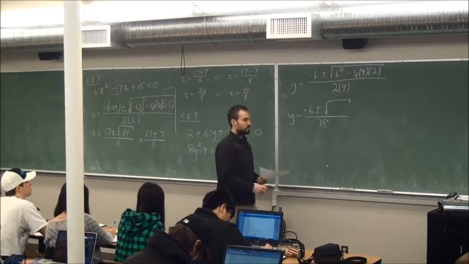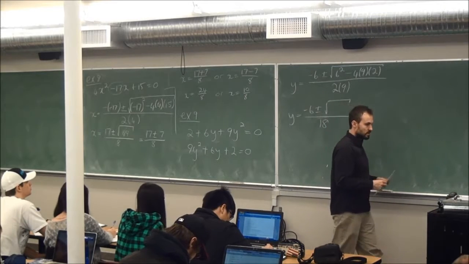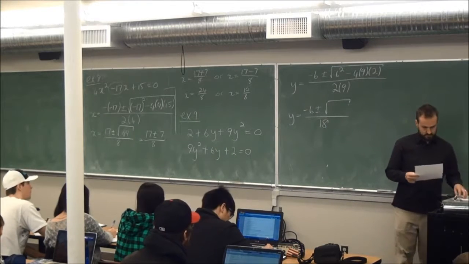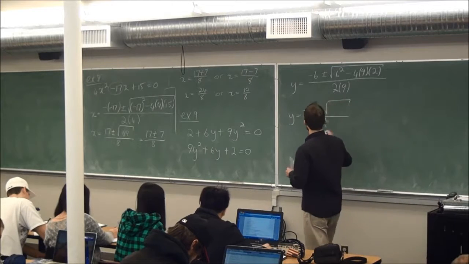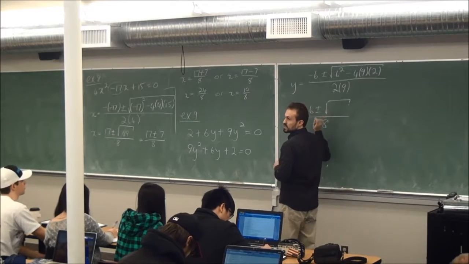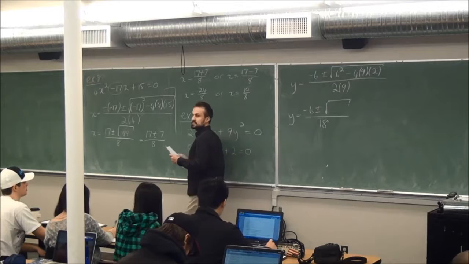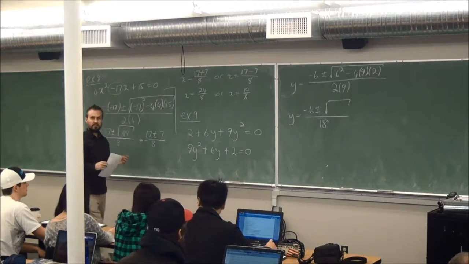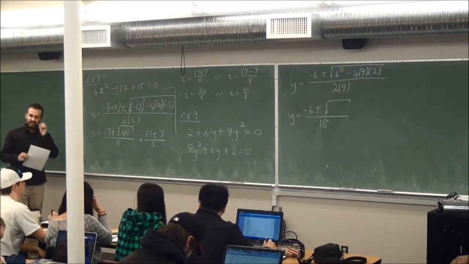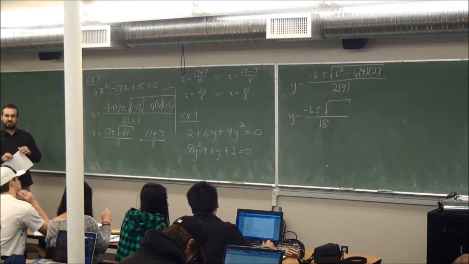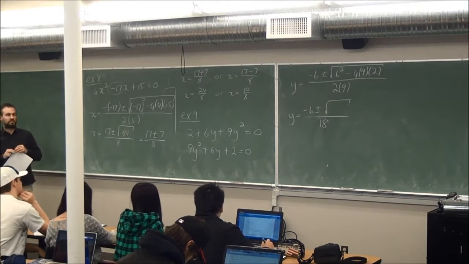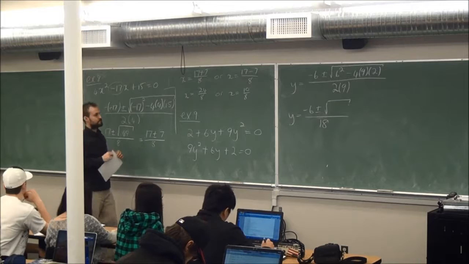Does anyone have a number for me? It says negative 36. Does anyone confirm the negative 36? No? I want at least 2 of you to get the number, so that we can be sort of sure.